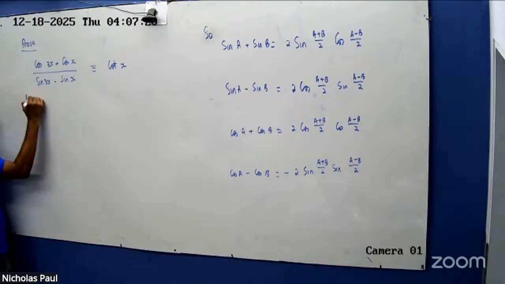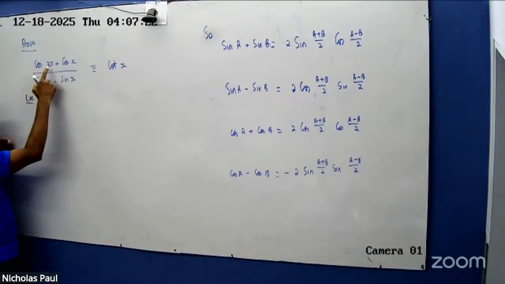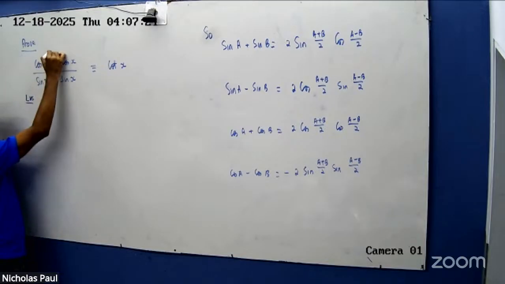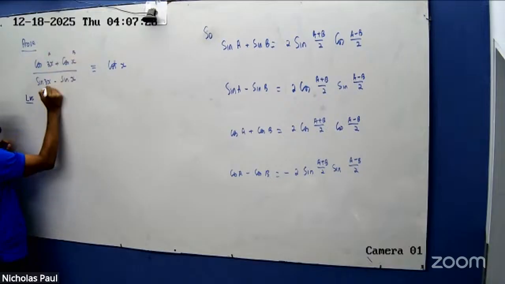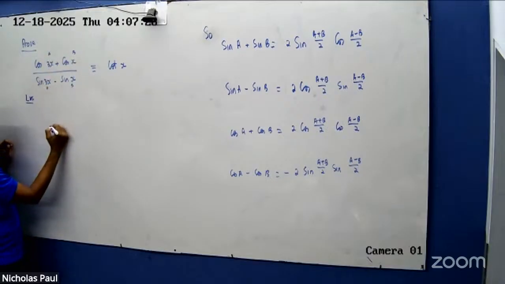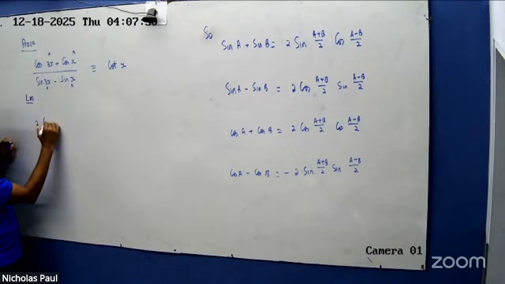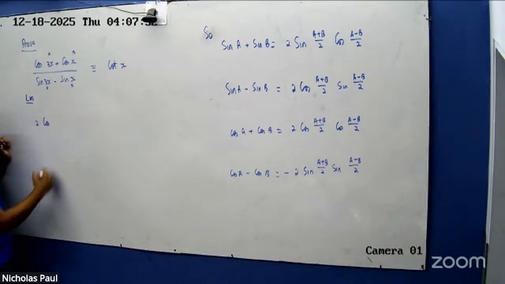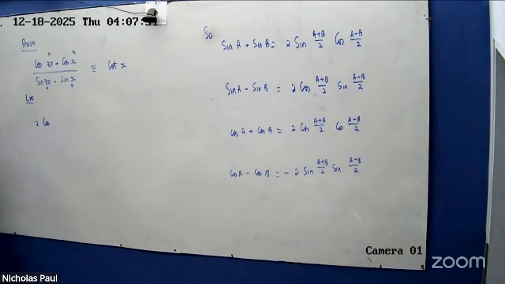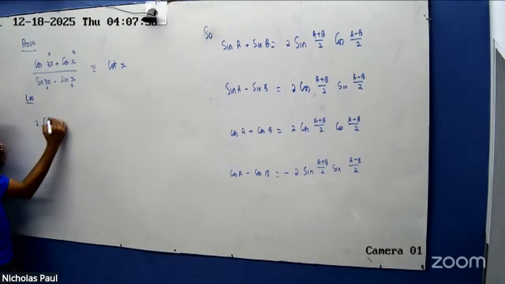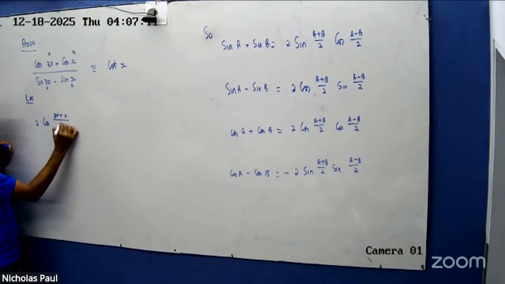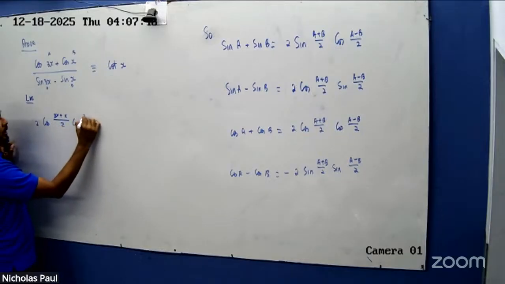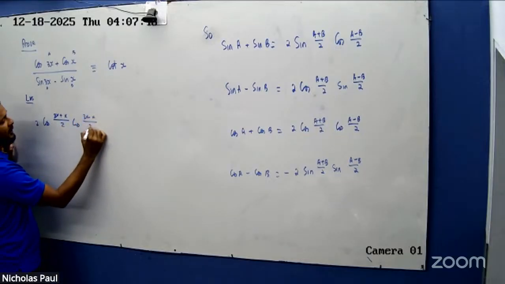Right, left hand side, cos A plus cos B. This is A, this is B. Let the bigger value always be A. So that will be 2 cos (3x plus x) all over 2 cos (3x minus x) all over 2.